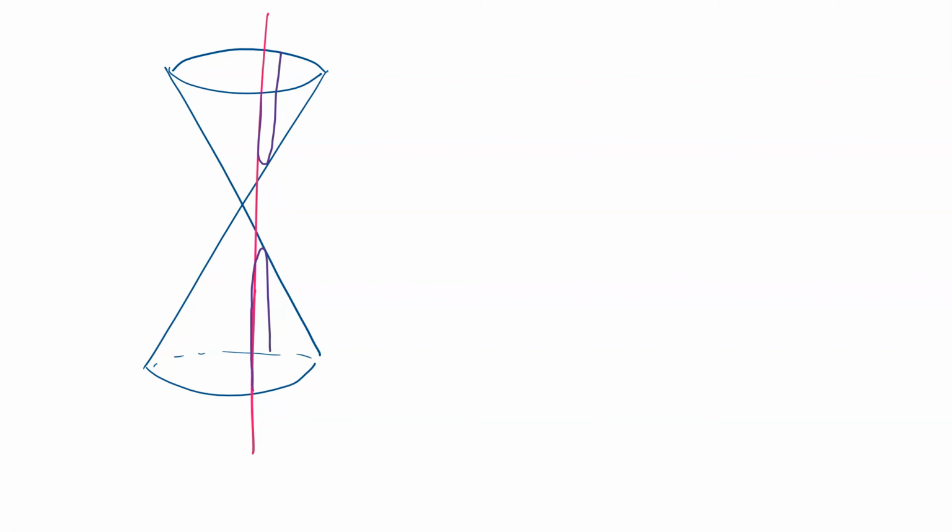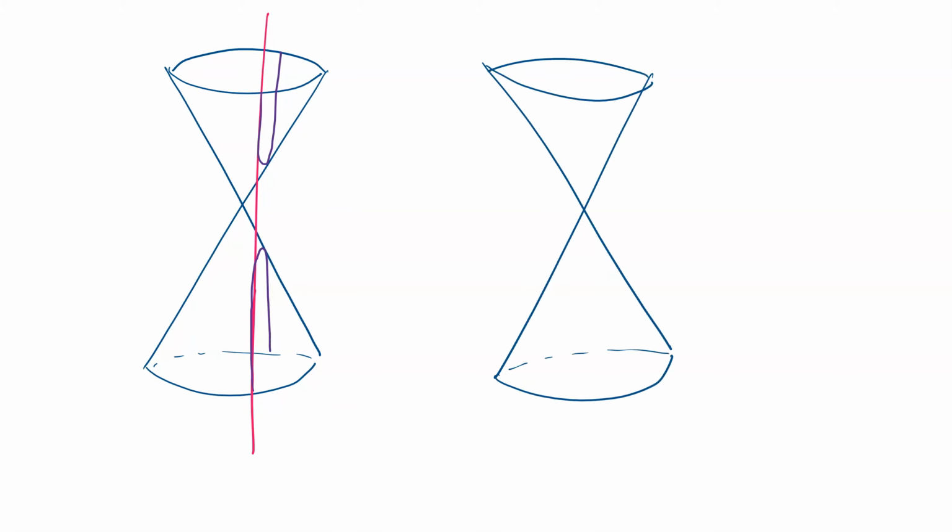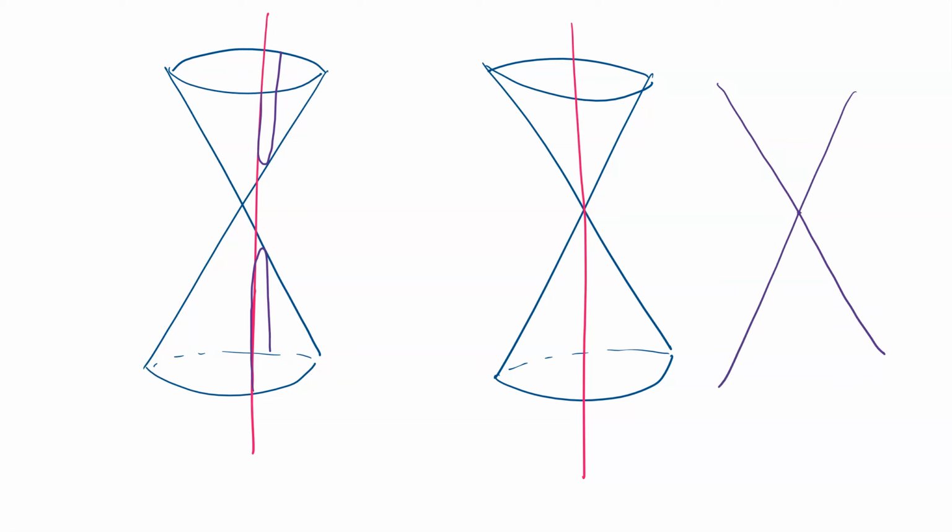Now let's look at it again. If we had our double-napped cone and we chopped this directly through the center and separated those pieces, opening them up on a plane so we could look at them, what we would have is 2 diagonal lines intersecting right at the dead center. You'd see the back side of the cone and the front side of the cone.